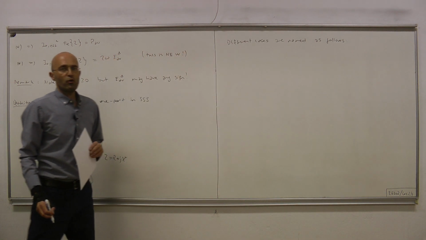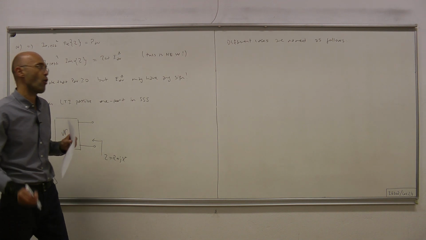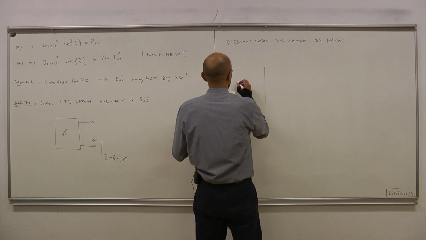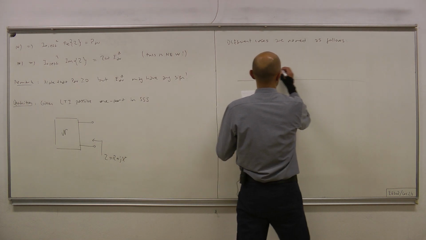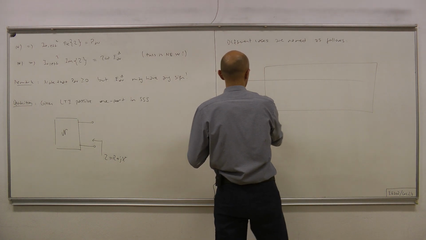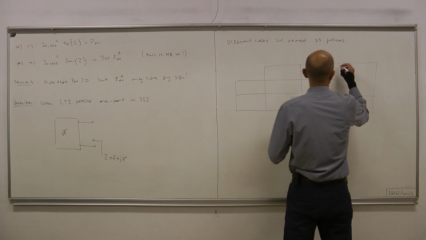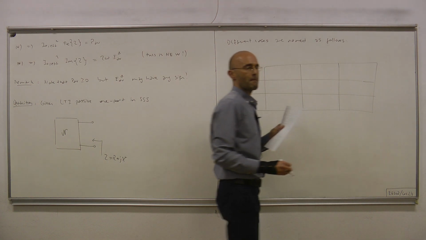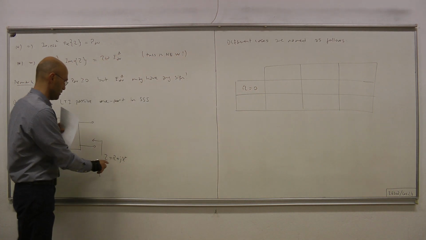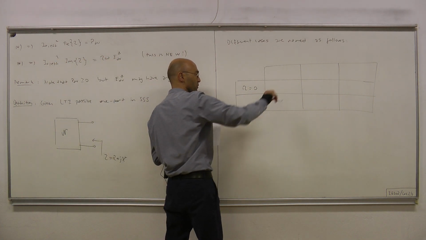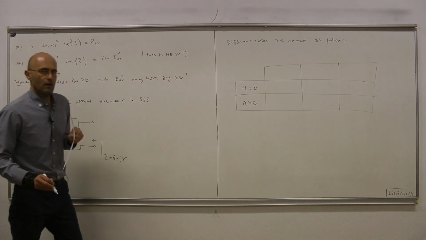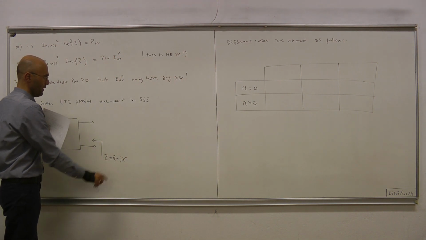Okay, let me provide this definition in a compact way, namely through a table. And this is how our table looks. So this is the case when R, the real part, is 0, so that corresponds to the first row, and the second row is representing the case when R is positive.